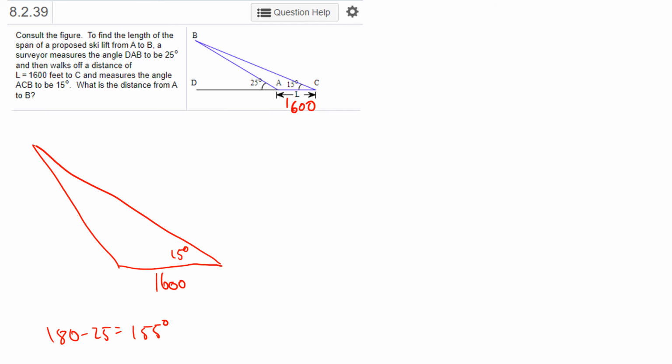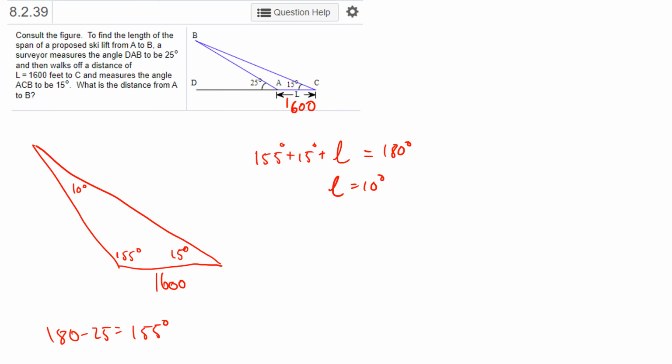Now I have a triangle with 2 angles given inside. The third angle up top: 155 plus 15 degrees plus the unknown, since it's across from a side I've labeled as a capital L, let's call that angle lowercase l, has to equal 180 degrees. 155 plus 15 is 170, which means lowercase l is 10 degrees. I'll label that in here.